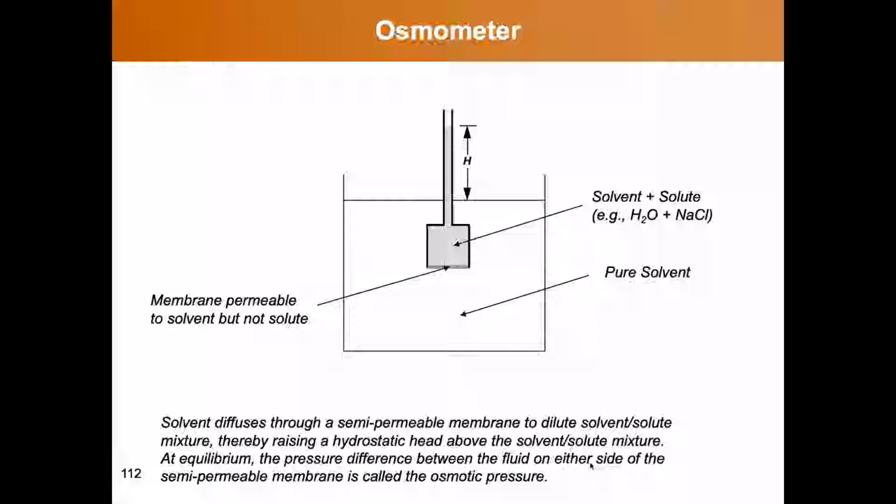One can make this experimental measurement of the osmotic pressure, or the thermodynamic activity of water in a solution, with a very simple device that has a membrane that's permeable to the water or solvent, in the case of an organic solvent, but not to the solute. And as a result of that, the solvent will diffuse into this chamber and raise the height of liquid above that of the pure solvent.